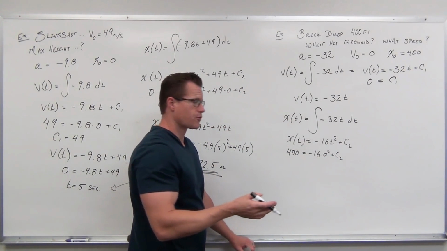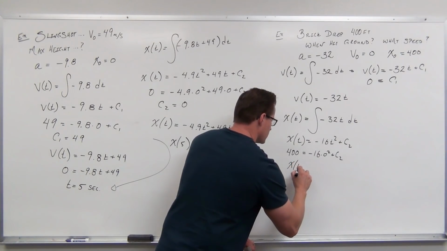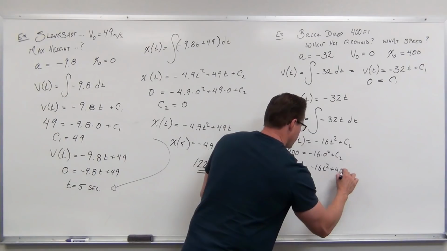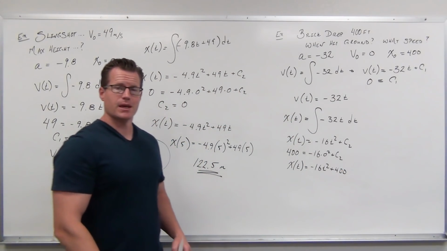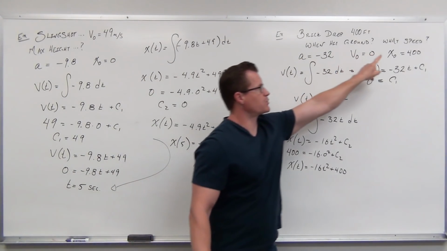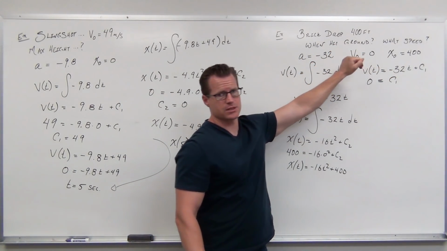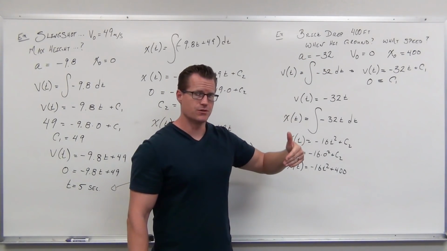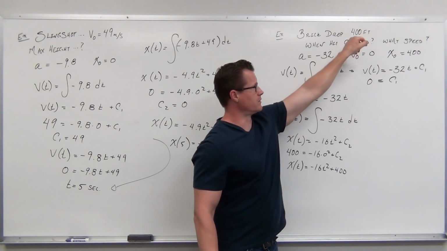So if c2 is 400, we have a position function. Now, let's answer the two questions. So we start with 400 feet initial position. We dropped it. Velocity is 0 when we start. Acceleration, we're at planet Earth, negative 32 feet per second squared, because we are dealing with feet.